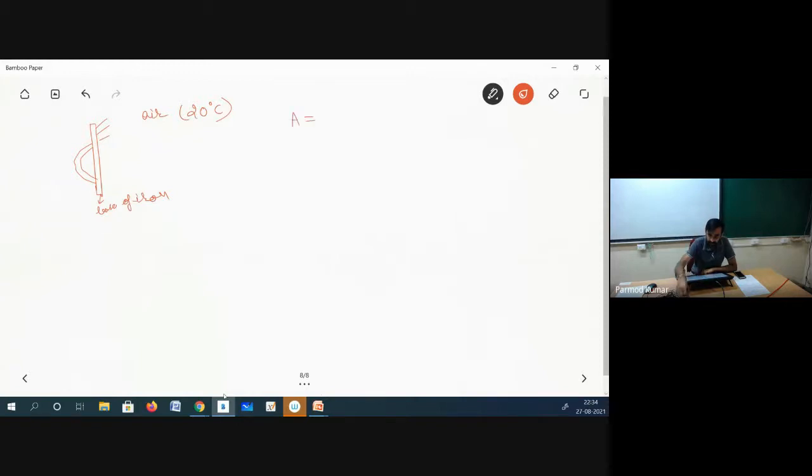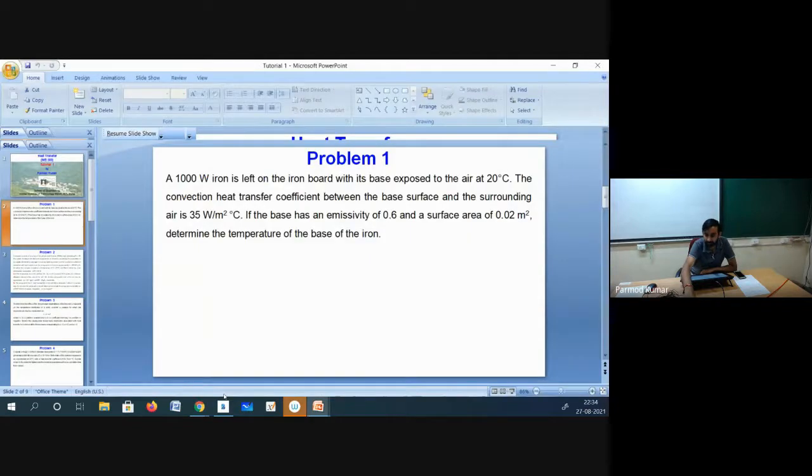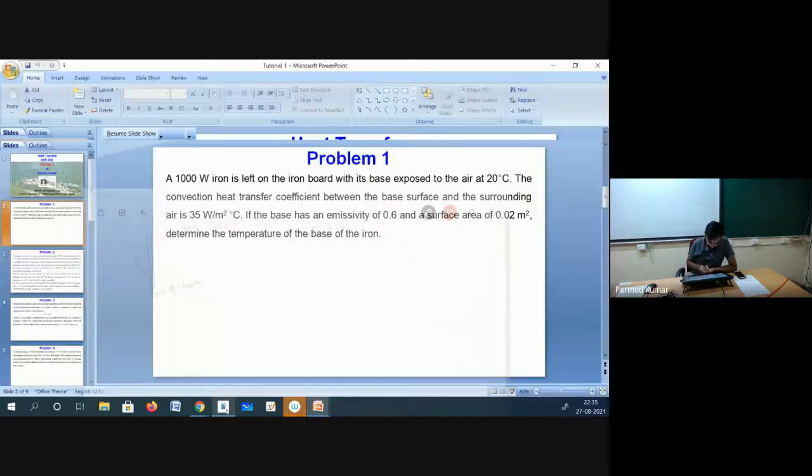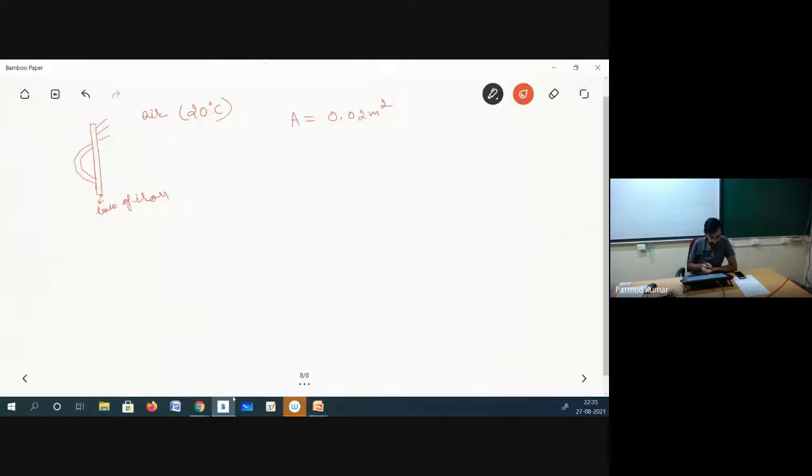Now, the exposed area of this iron surface is also given. The area given in the question is 0.02 meter square. One more thing is given: a convective heat transfer coefficient of 35 watt per meter square degree Celsius. When the surface is exposed to surrounding air, there will be a convective mode of heat transfer.